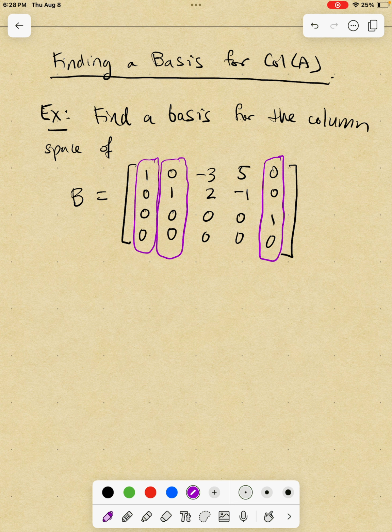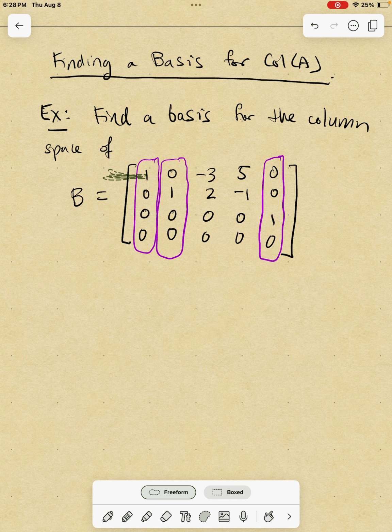You just go from left to right and look at the first nonzero number that you see. So I have a 1 here, a 1 here, and a 1 here. Those are my pivots, and those 3 columns are the corresponding pivot columns.